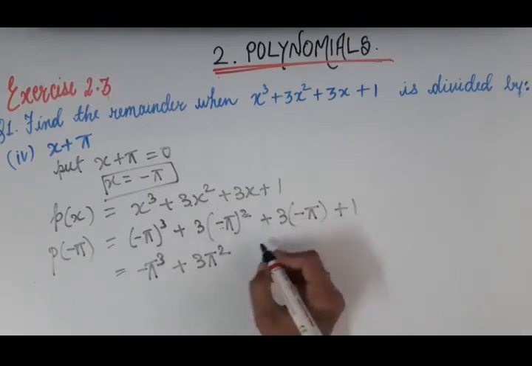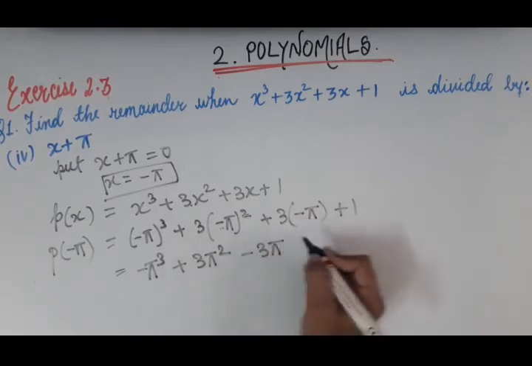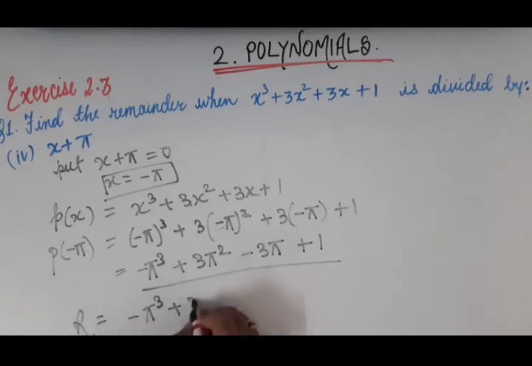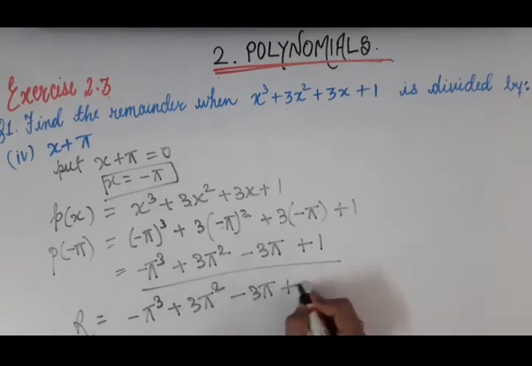Then 3 into minus pi, it will be minus 3 pi plus 1. Now can you solve it further? No, you can't solve it further. So this will be the final answer. Clear? So what is your remainder? You will write remainder is equal to minus pi cube plus 3 pi square minus 3 pi plus 1. That is your remainder.